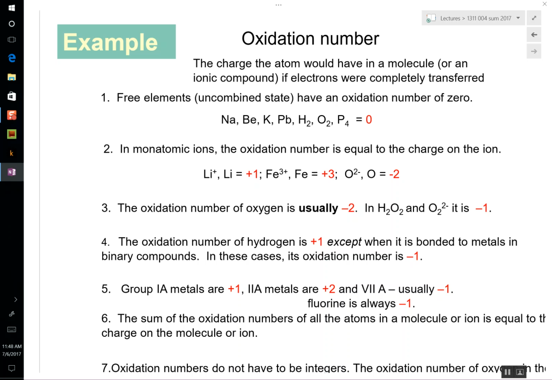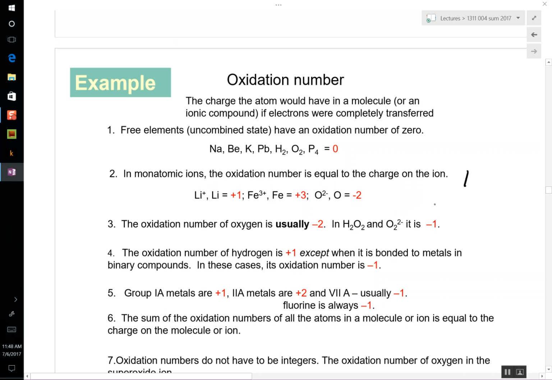You can tell that's weird because normally what you have is water. That's got a -2 oxygen, and each hydrogen has a +1. In hydrogen peroxide, the hydrogens are still +1, but each of the oxygens has a -1 on it.